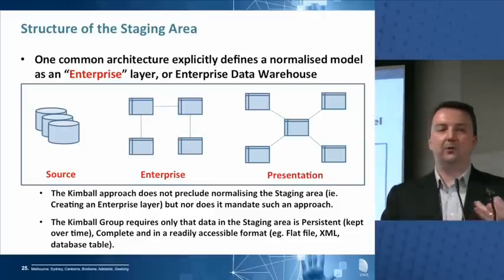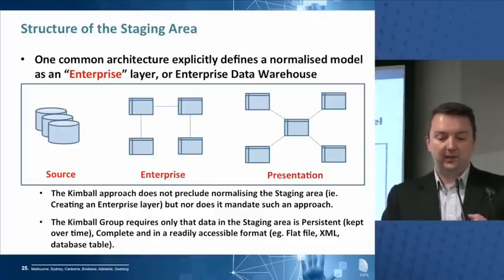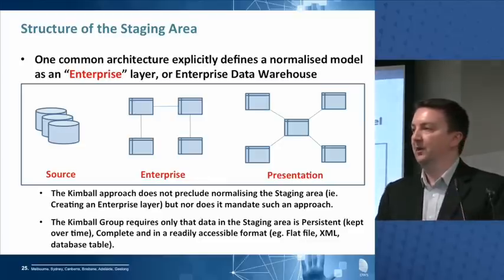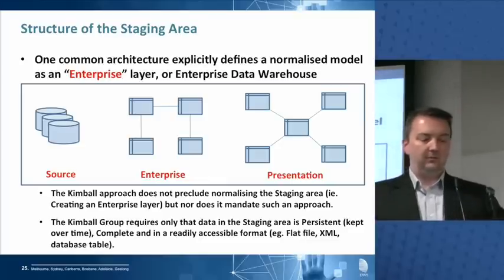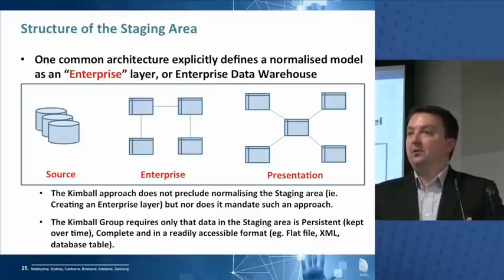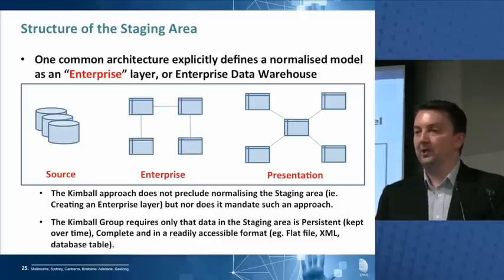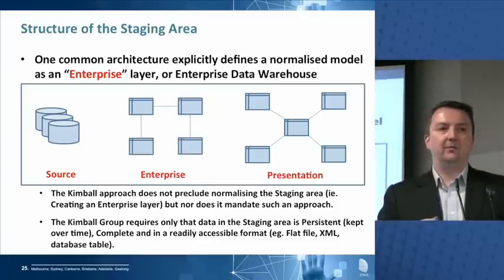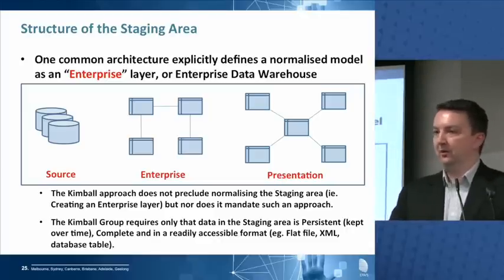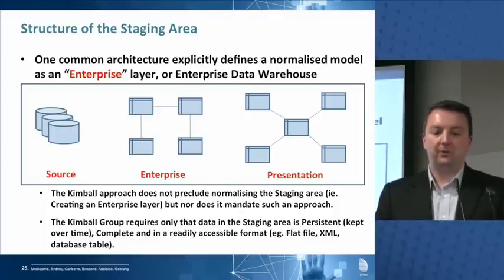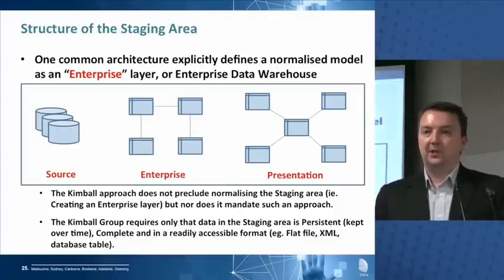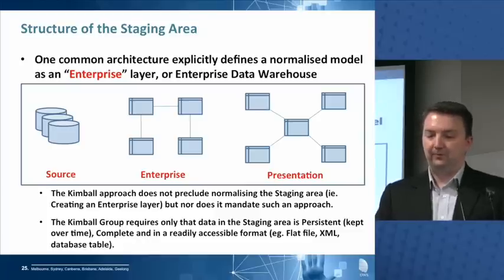By readily accessible format, he defines three in the book: flat file, XML, and database tables. So I acquire the source data from the source system, I load it up into a table in the staging area of the database, and if I don't delete it, then that meets the Ralph Kimball minimum requirement for persisting data in an accessible form.